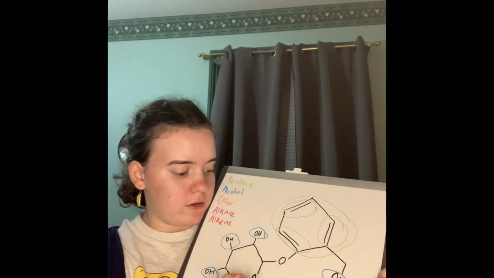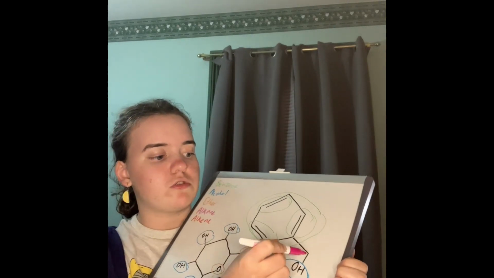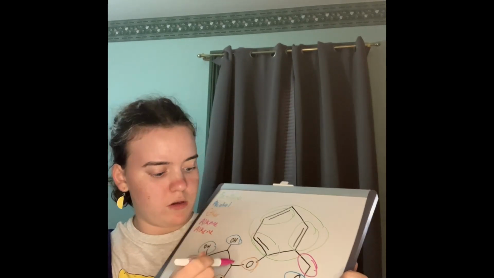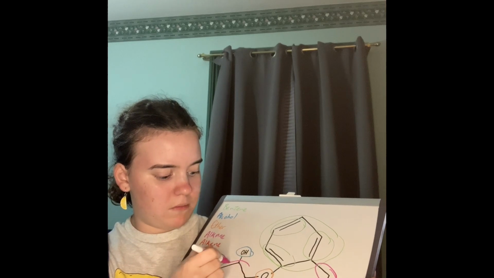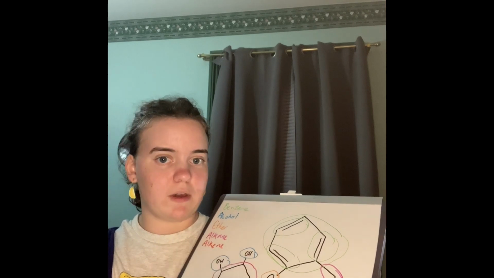And then orange here for our ethers. So we have 1 here and 1 here, which makes 2. And then our alkanes in pink, which are over here. I made a mistake, it's not a pentagram, it's a hexagon.